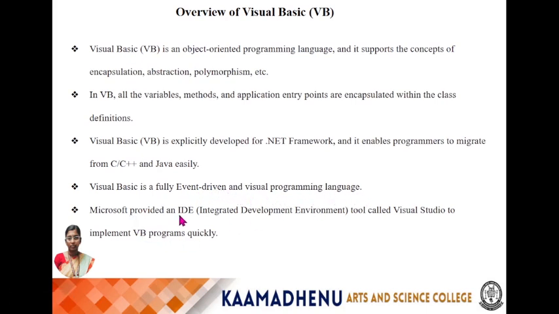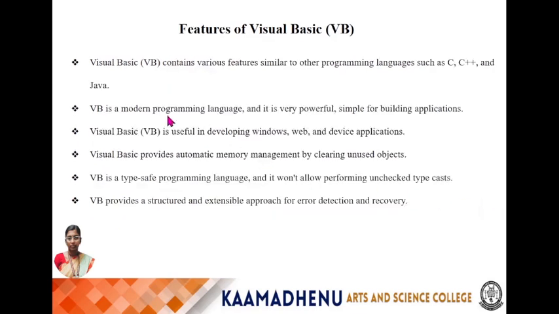Microsoft provided an IDE, which is an Integrated Development Environment tool called Visual Studio, to implement VB programs quickly. So these are the features of Visual Basic. Visual Basic contains various features which are similar to other programming languages such as C, C++ and Java. VB is a modern programming language and it is very powerful and simple for building applications.